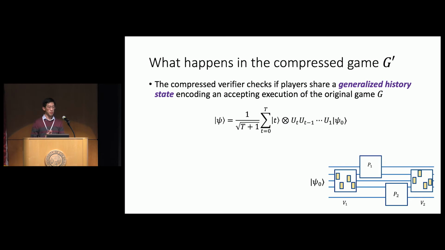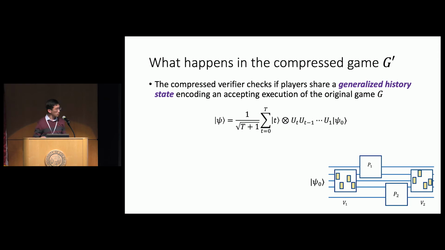The players in G prime, you want to check that they share a generalized history state that encodes an accepting execution of the original game G. So think about this original game G. It's exponentially large, say, and imagine running this game as a quantum circuit.